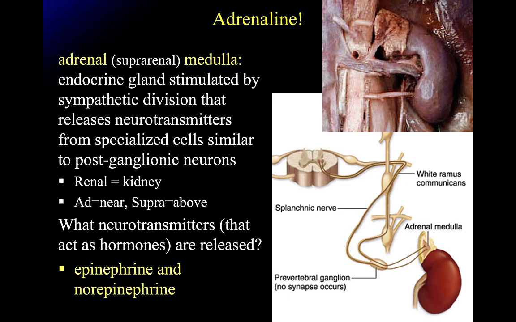Now, because this is an endocrine gland, we are going to release these into the bloodstream. And this kind of brings up an important point about the difference between, say, the autonomic nervous system and our endocrine system. The autonomic nervous system in this case is going to lead to the production of adrenaline.